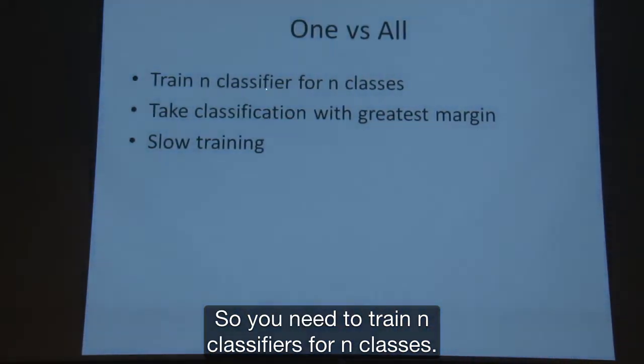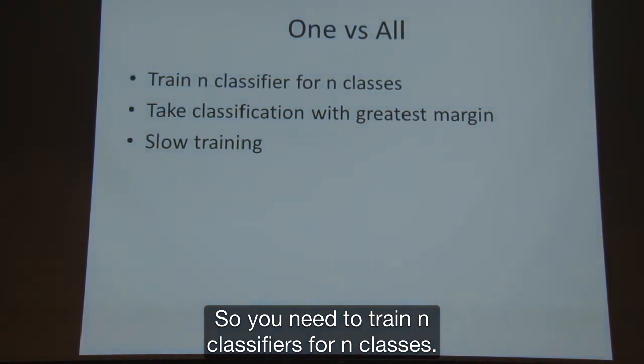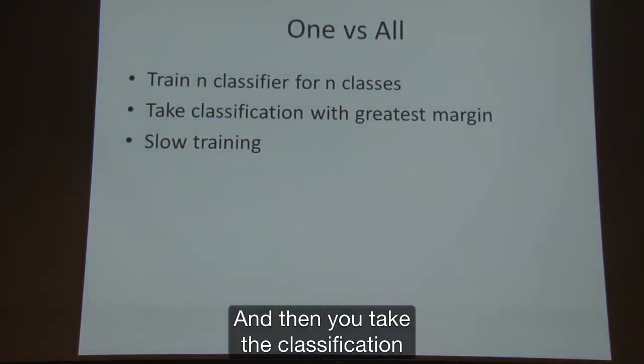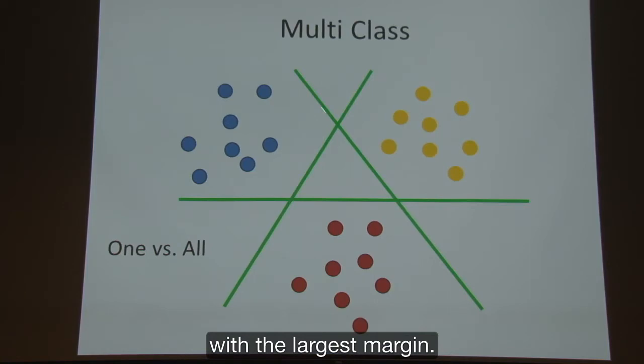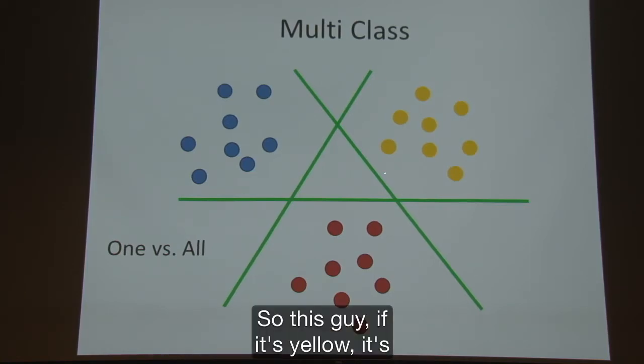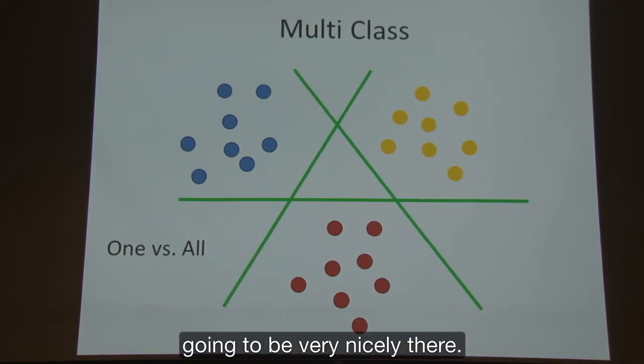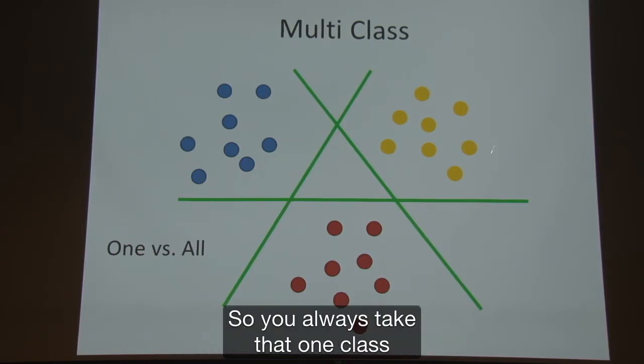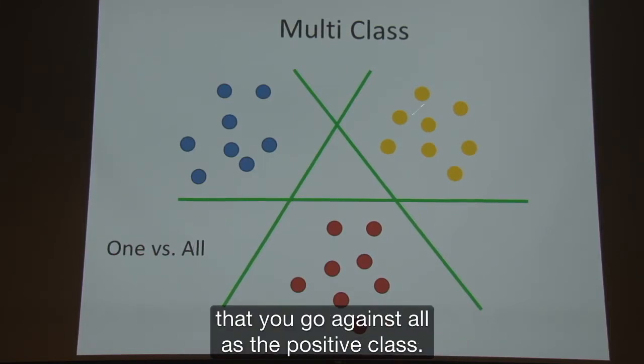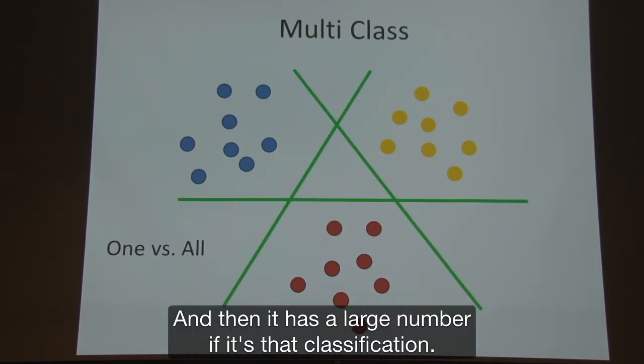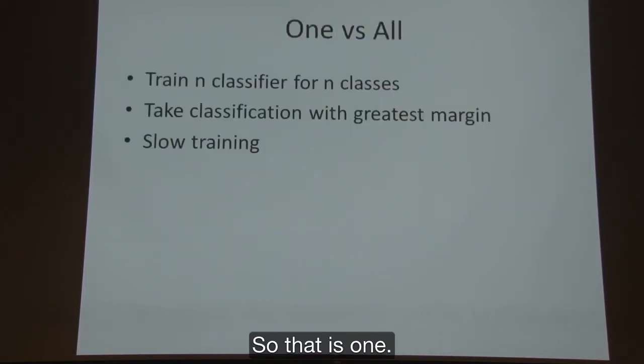So you need to train n classifiers for n classes, and then you take the classification with the largest margin, right? So this guy, if it's yellow, is going to be very nicely there. So you always take that one class that you go against all as the positive class, and then it has a large number if it's that classification. Does that make sense? So that is one.